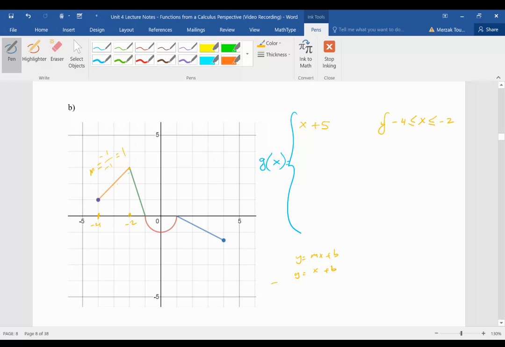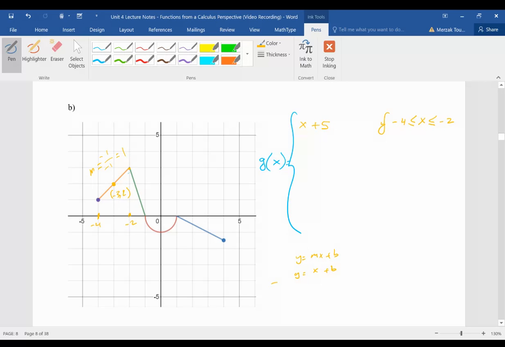Now you can pick a point on this segment. Let's pick this point, for example. You can pick any point you want as long as you know its exact x value and exact y value. So this point here, its x coordinate is negative 3, and its y coordinate is 2.